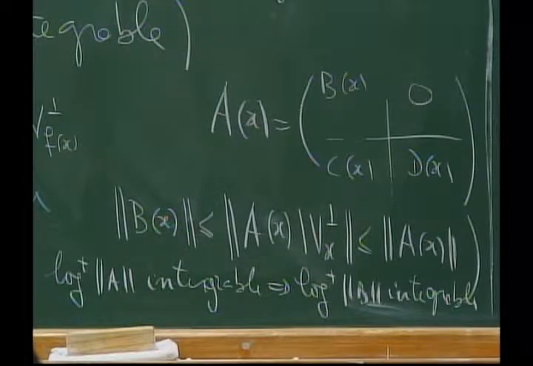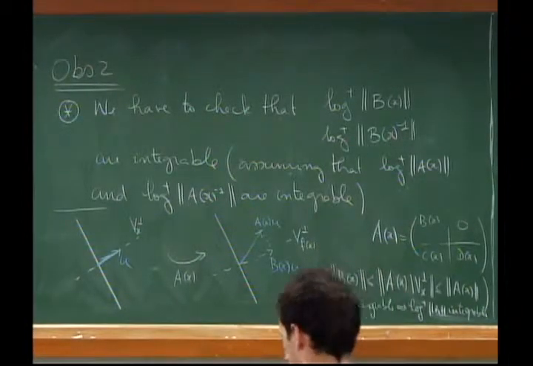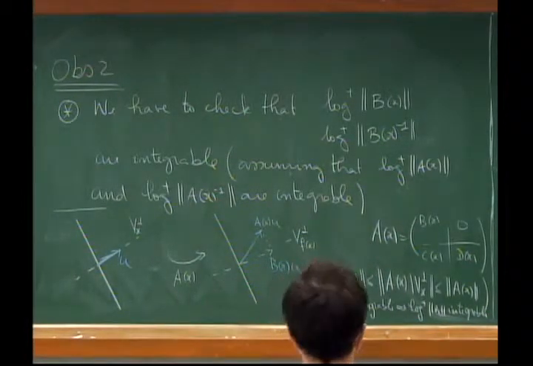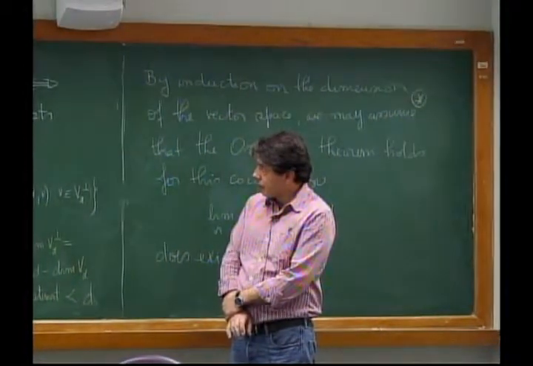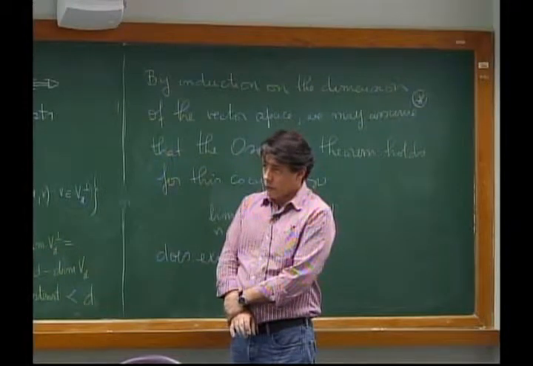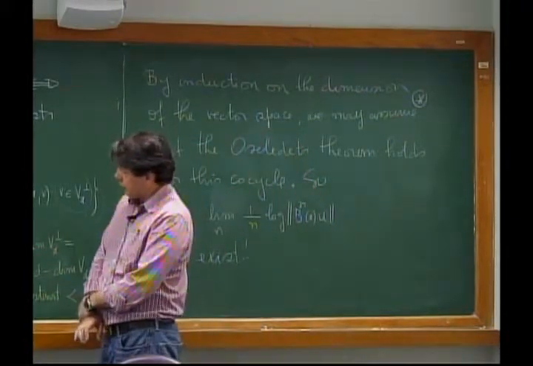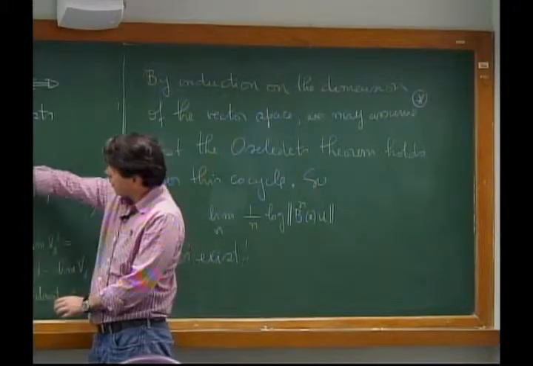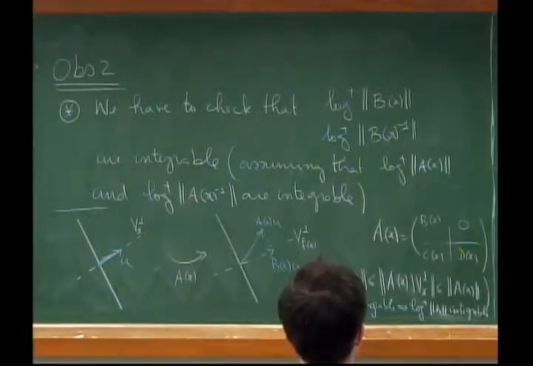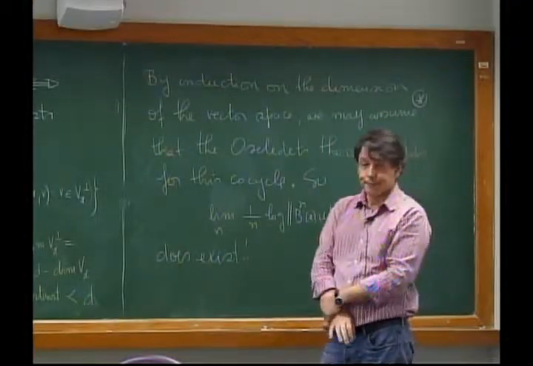So this is how we prove the Oseledets theorem for non-invertible transformations. The first part is very soft. The second part is about proving that the limit exists, and it combines using invariant measures with using the subadditive ergodic theorem to prove that the limit exists for the norm and the conorm, and then this kind of sandwich argument, plus induction on the dimension.